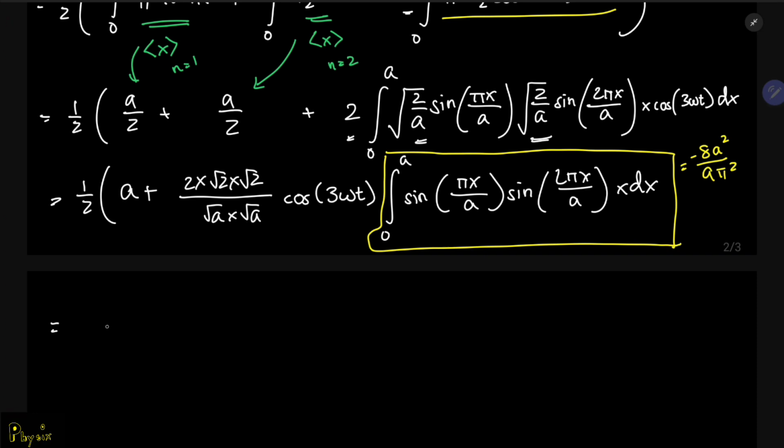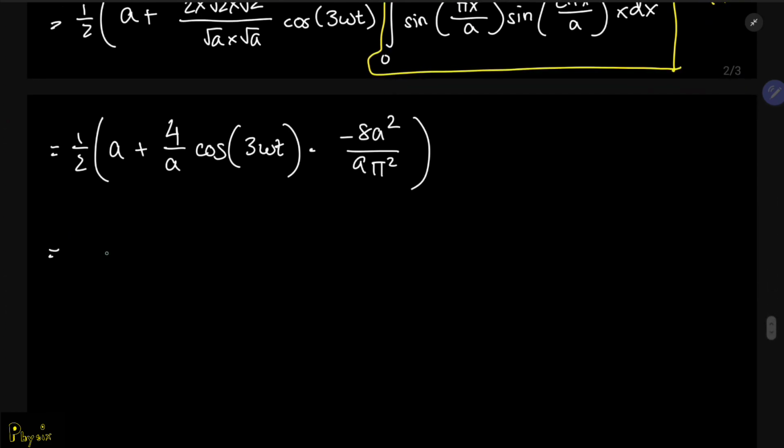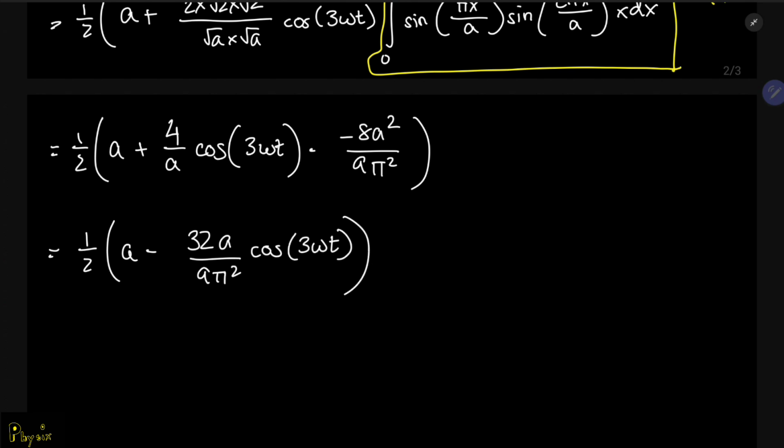Trust me on this. So the final result basically becomes a plus 4 all over a cosine of 3 omega t times minus 8a squared all over 9 pi squared. All right, and if you do more algebra, you get this. This is basically a minus 32a all over 9 pi squared cosine of 3 omega t.